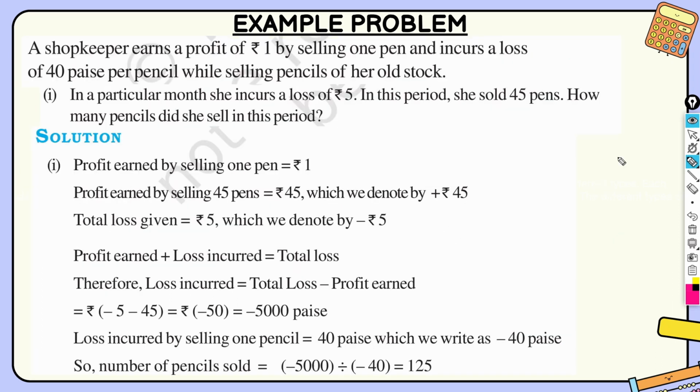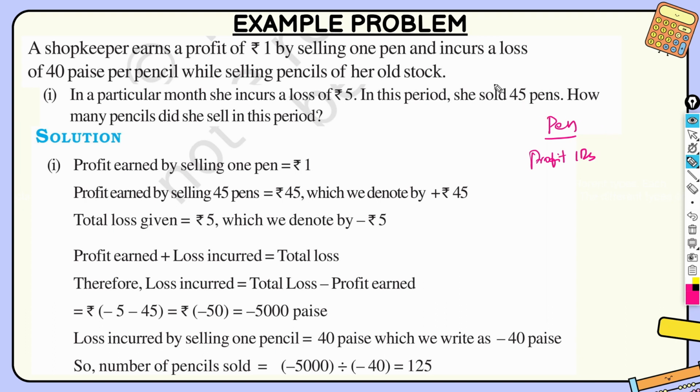Now we'll see another example problem. A shopkeeper earns a profit of rupees 1 by selling one pen and incurs a loss of 40 paise per pencil while selling pencils of her old stock. So a shopkeeper sells pens and pencils. If he sells a pen, he gets a profit of 1 rupee.